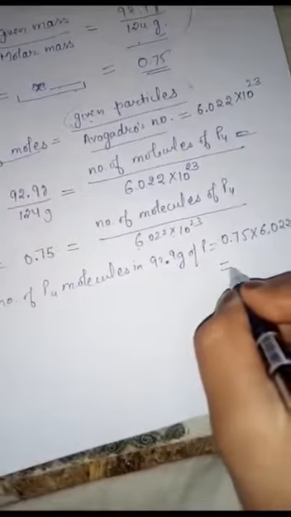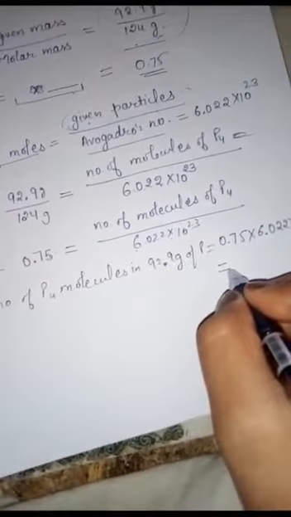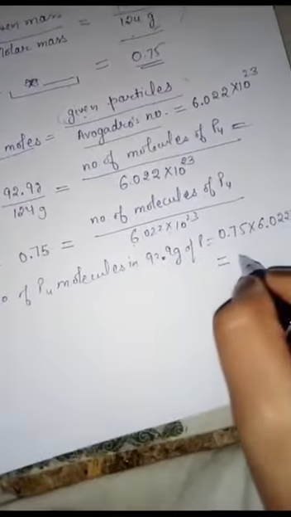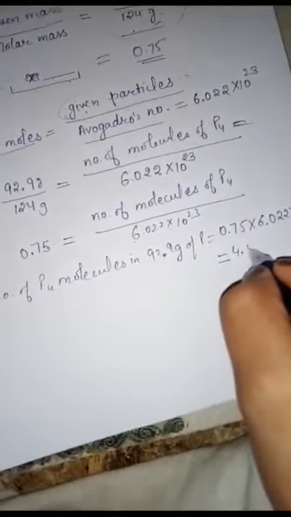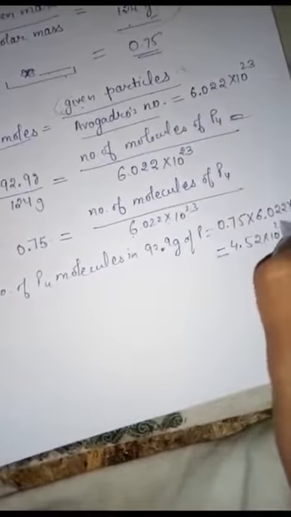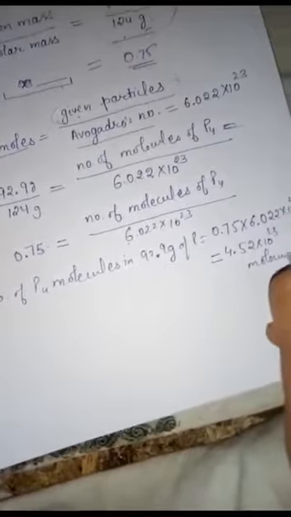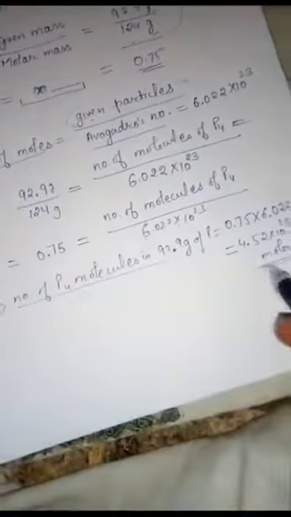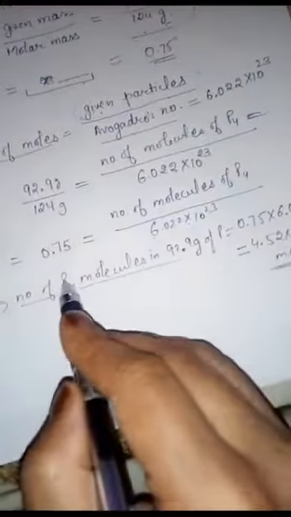When you solve this, it will come something like 4.52 into 10 raised to power 23 molecules. Clear? These are the number of molecules, that is P4, present in 92.9 gram of phosphorus.